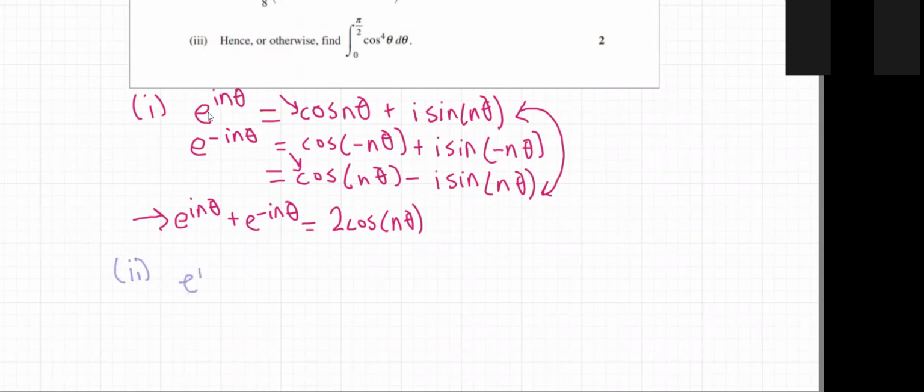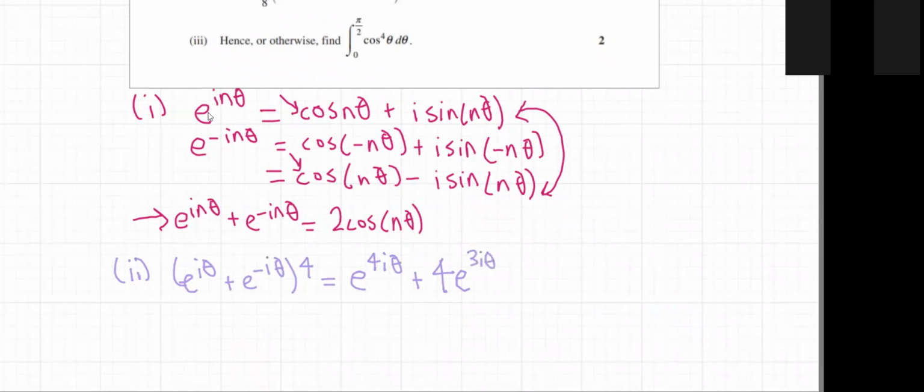To expand it, we can do binomial expansion. We have e to the 4i theta, and the coefficients follow the same pattern as Pascal's triangle. So we have the coefficients 1, 4, 6, 4, 1.